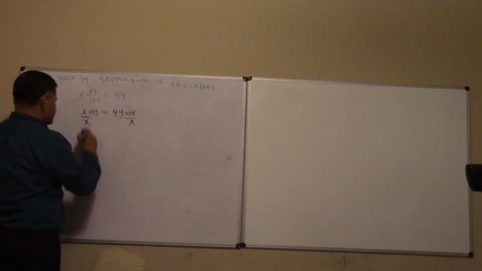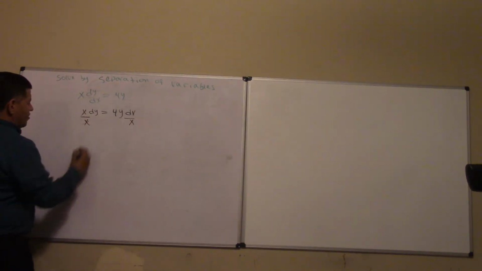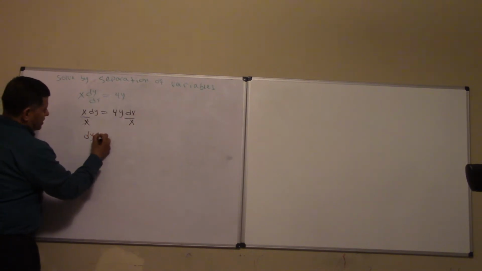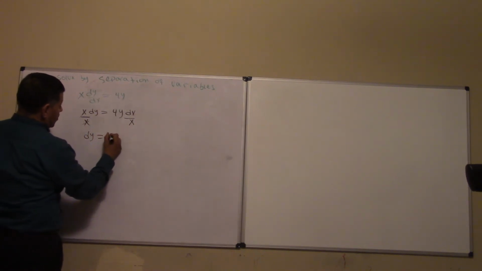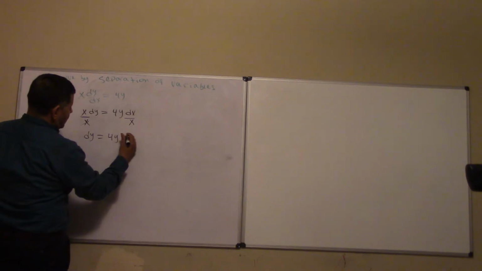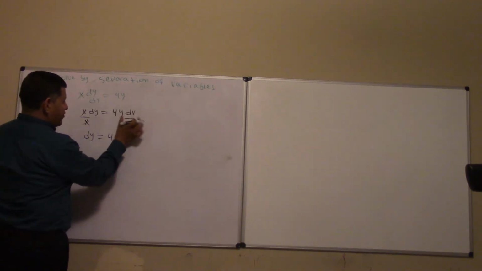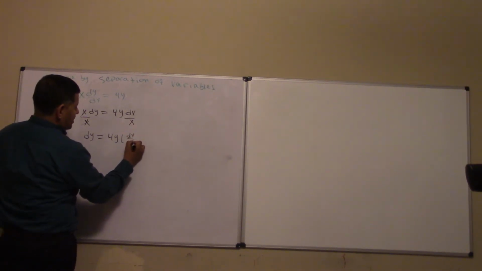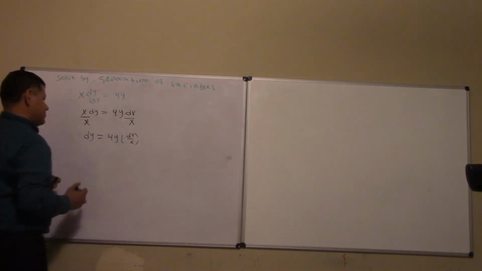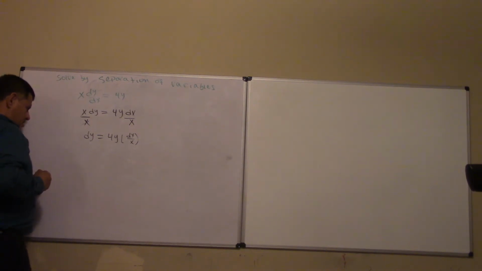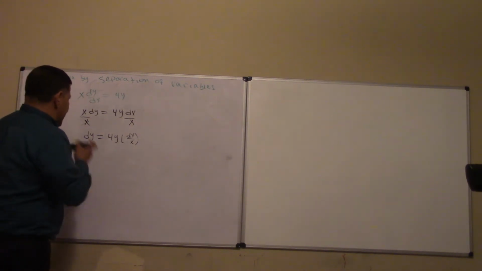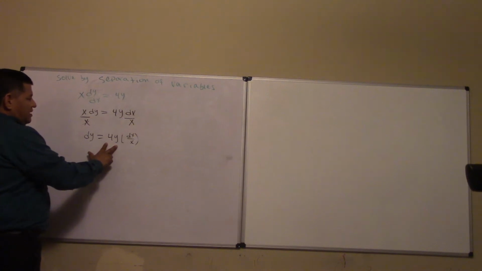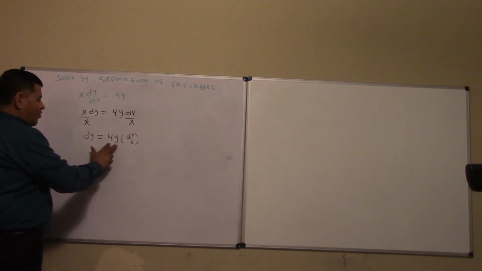So that cancels out, and I have dy is equal to 4y, and then I can put this in parentheses, so I can say dx over x. Okay, so I still have y on this side of the equation, right?